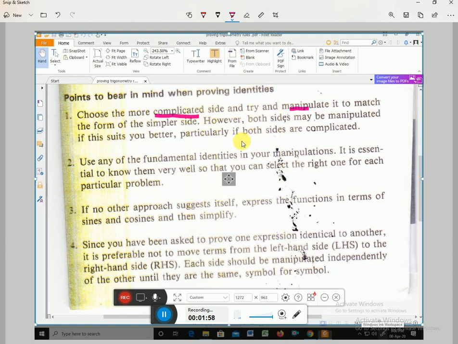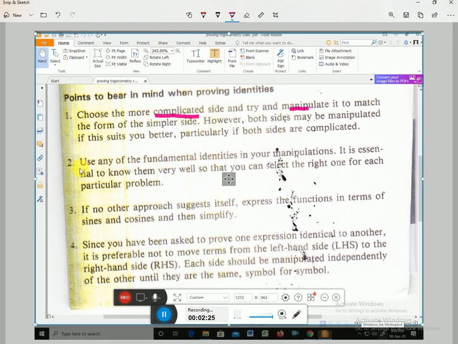Simplify that side to look exactly the same as the other side. However, both sides may be manipulated if it suits you better, particularly if both sides are complicated.